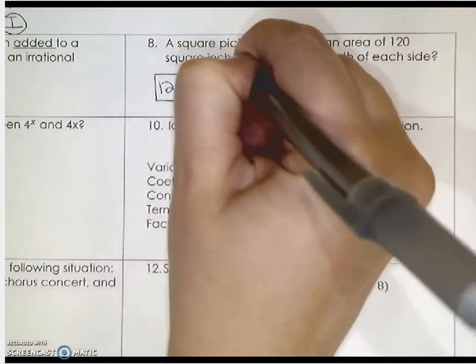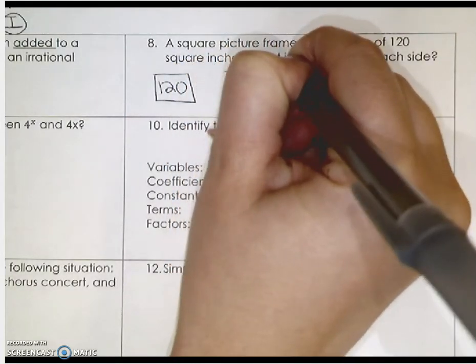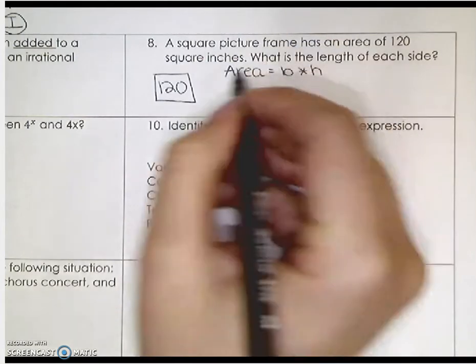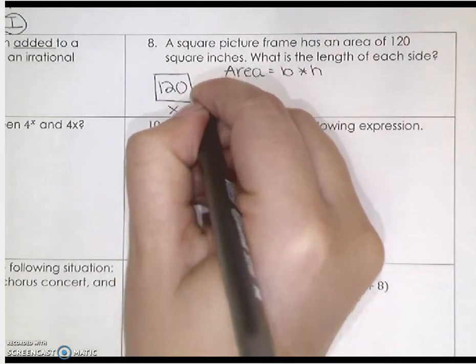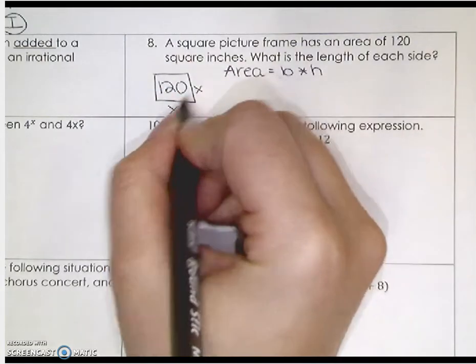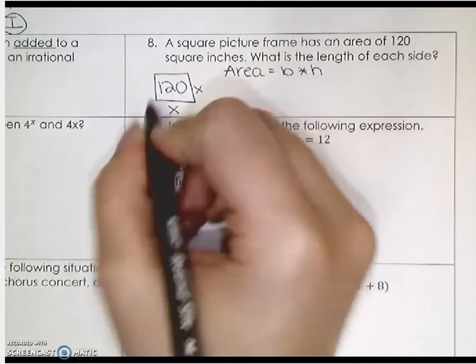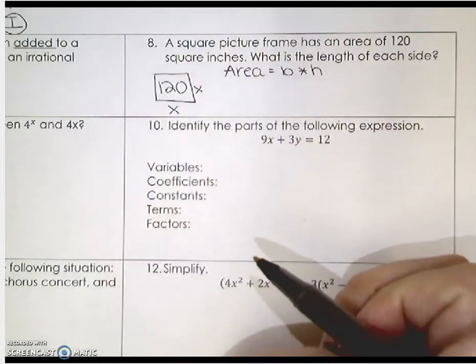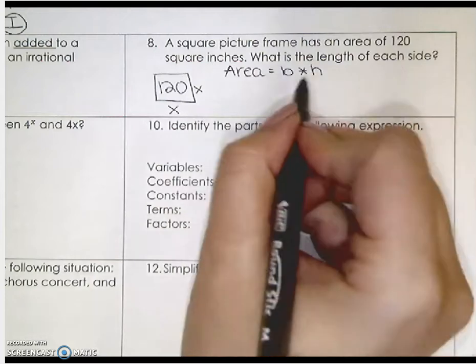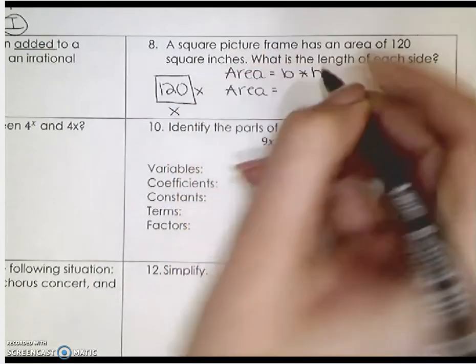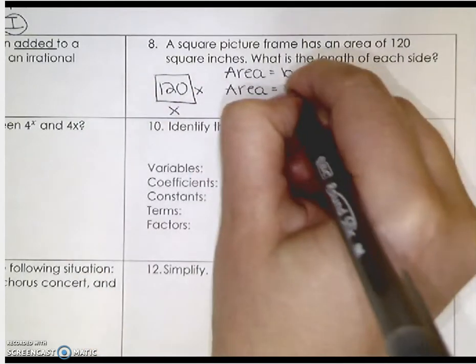I know that area equals base times height, and I know that in a square the side lengths are all the same. So I'm going to label these X and X because I know that squares have all the same length sides. Because the area formula is base times height, I could say that the area for this picture frame would be X times X.